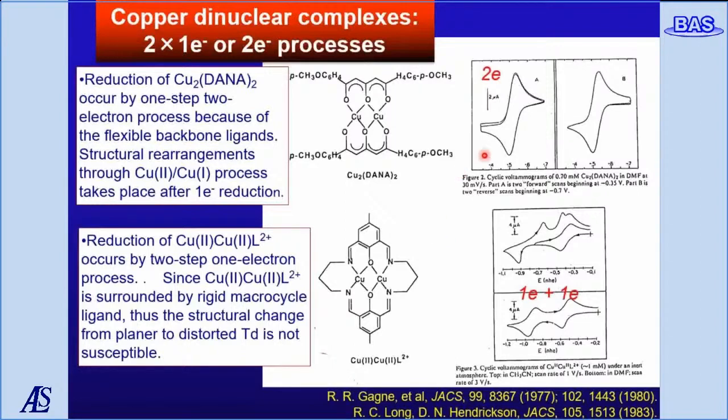So, a one-step 2-electron process was observed on CuDA-Na. On the other hand, the CO₂-R macrocyclic complex has a more rigid structure, so the second reduction takes place at more negative potentials. So, two 1-electron waves are observed.